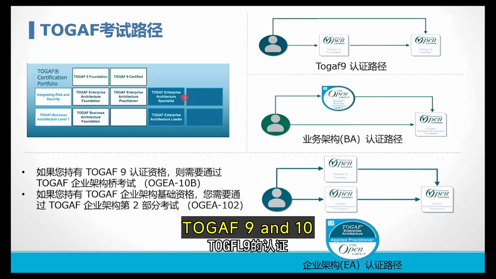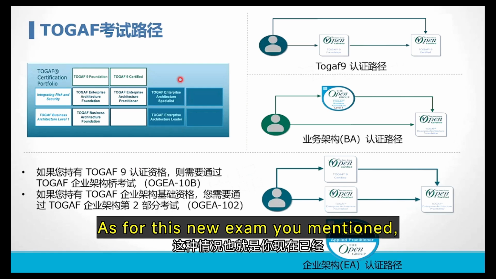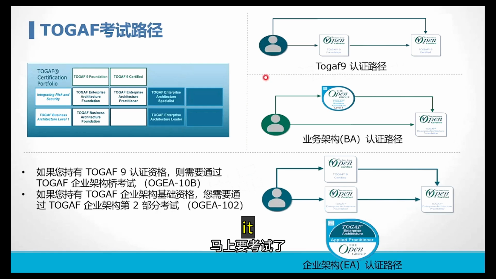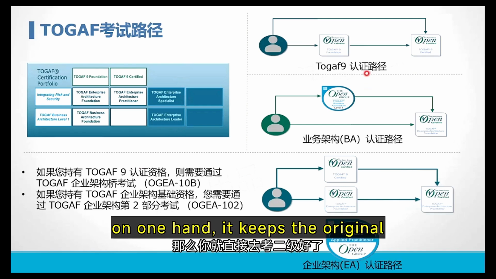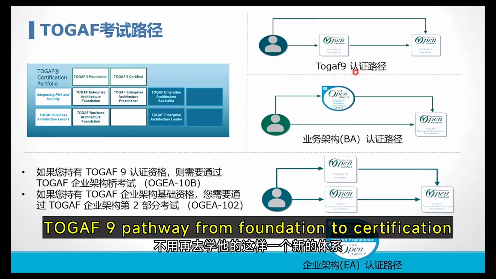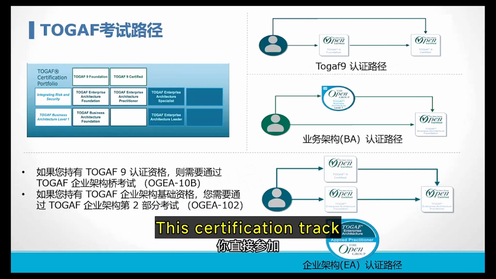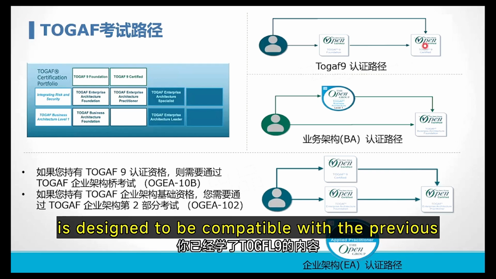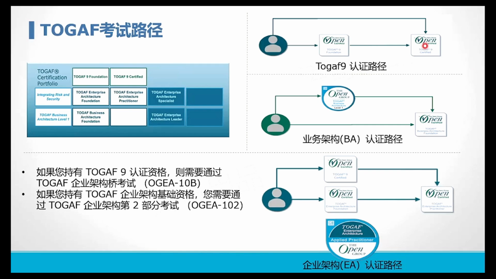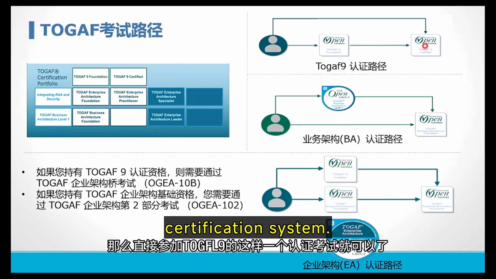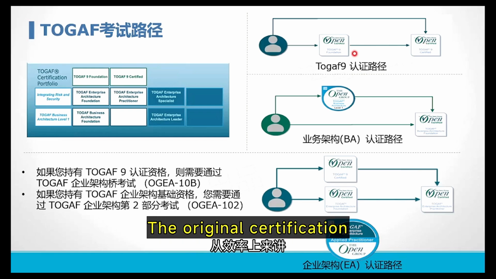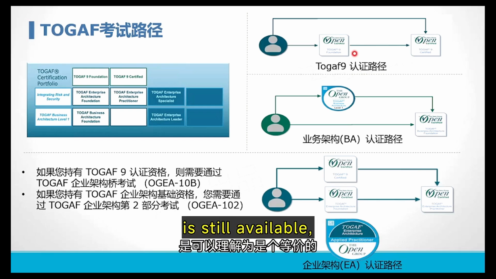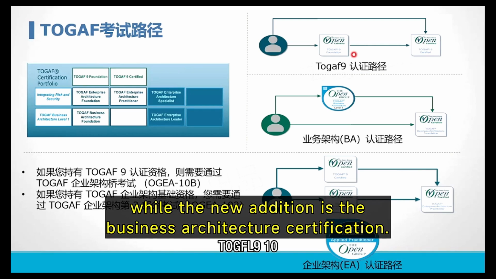TOGAF9 and 10. As for this new exam, on one hand, it keeps the original TOGAF9 pathway from foundation to certification. This certification track is designed to be compatible with the previous certification system. The original certification is still available, while the new addition is the Business Architecture certification.